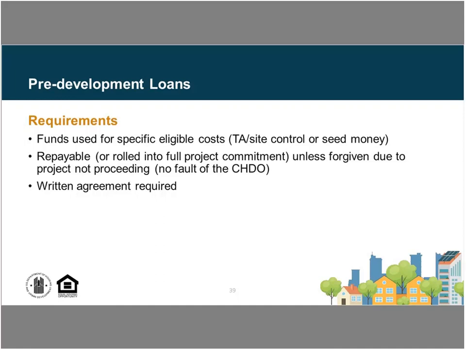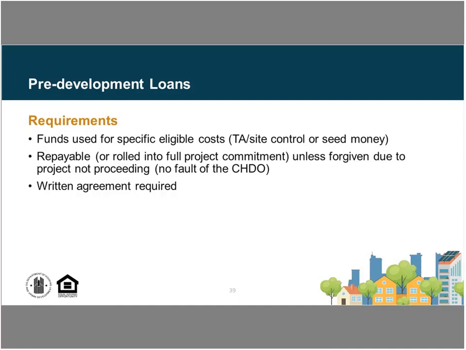If we had $1 million as our CHDO set-aside, then up to 10% of that could be provided as pre-development loans to CHDOs. Some of you are probably saying, well, we don't do this, and that's fine. As we mentioned, all of these are optional for the PJ, but part of our monitoring and evaluation from time to time is rethinking whether this is still working without pre-development loans, or whether we perhaps need to consider doing these in the future.